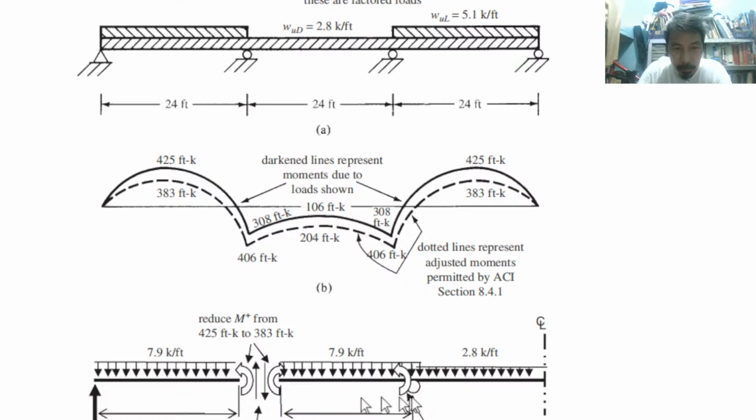But if we are talking about shear, as you can see, 7.9, then the third one is 2.8. So it is about 30%, about 1/3 of this 7.9.